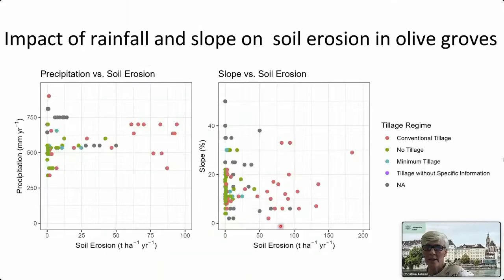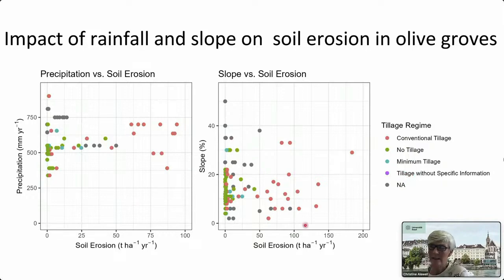Okay, we tried to do a small meta-analysis over these studies, trying to correlate soil erosion against precipitation, and soil erosion against slope. We don't really see any clear patterns. We added as a third component the tillage regime: conventional, no tillage, minimum tillage. This is just where we had no specification in the publication.